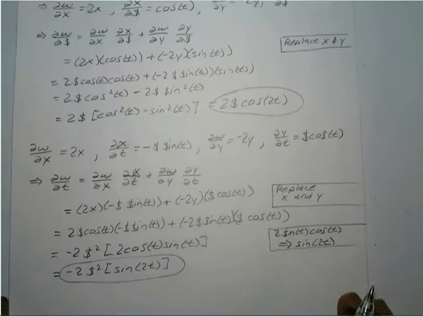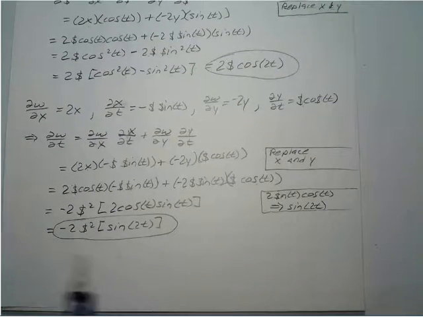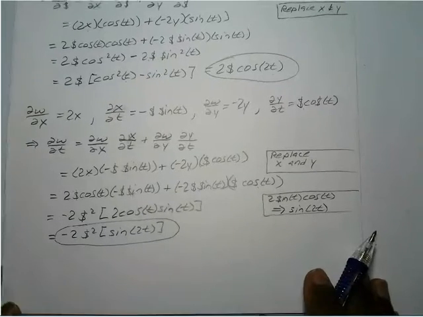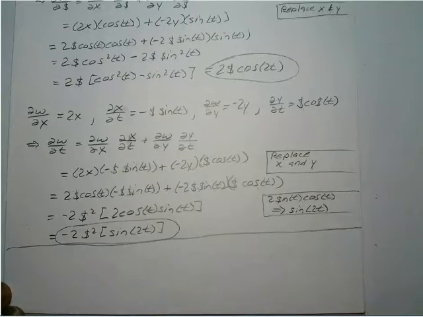All right, now we just have to find them for s equals 3 and t equals pi over 4. All right, so that won't take up much space.